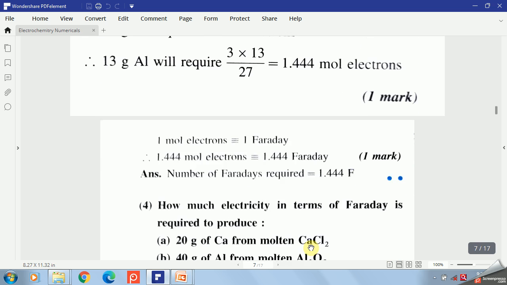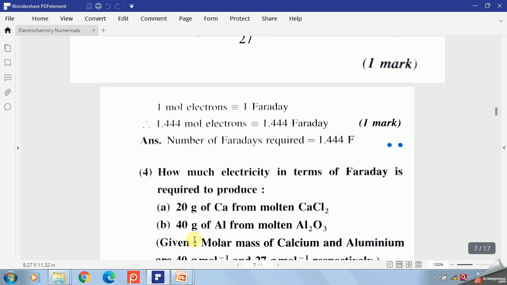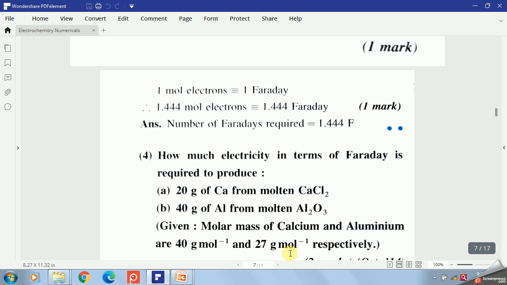The next numerical is, how much electricity in terms of Faraday is required to produce 20 gram of calcium from molten CaCl2 and 40 gram of aluminium from molten Al2O3. Given the molar mass of calcium and aluminium is 40 gram per mole and 27 gram per mole respectively.